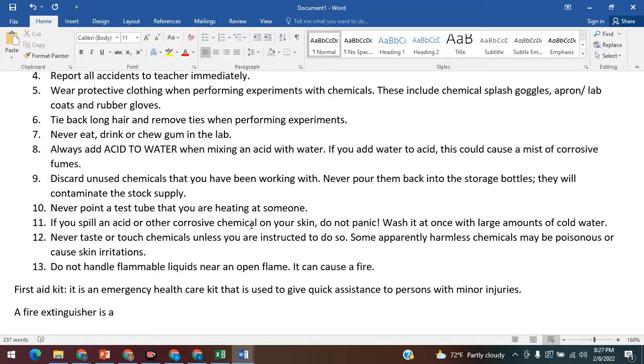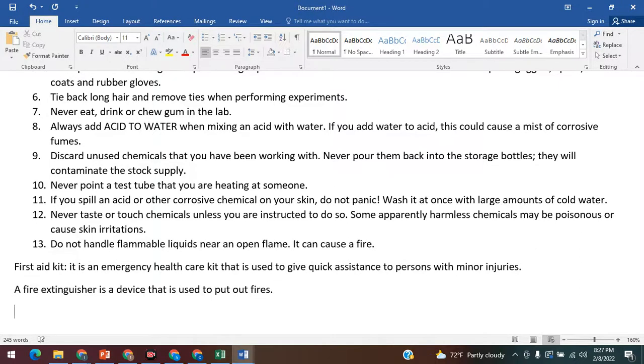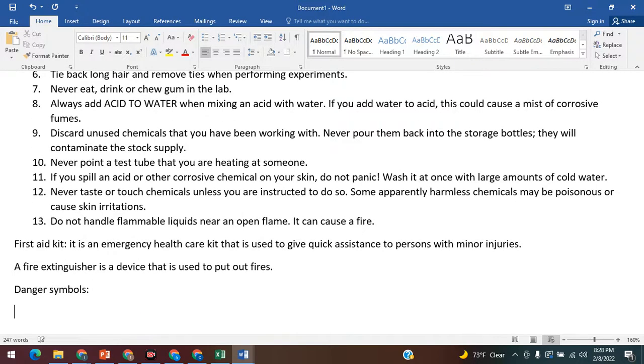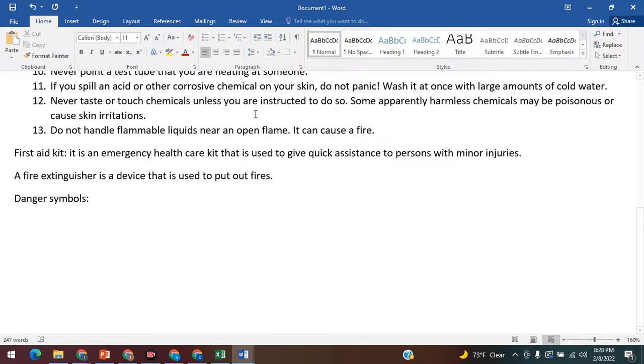But anyway, a fire extinguisher is a device that we use to put out fires. All right, now there are certain danger symbols that we have.